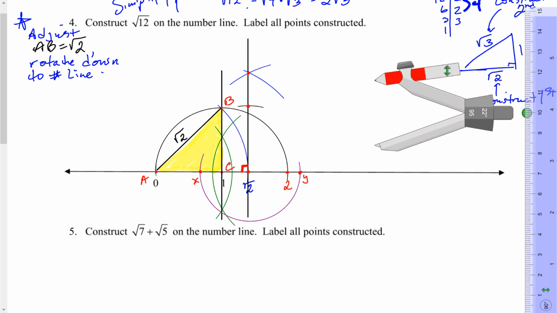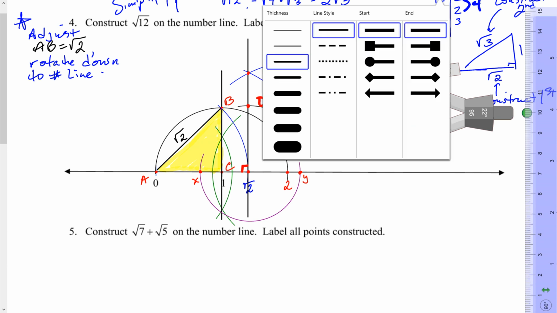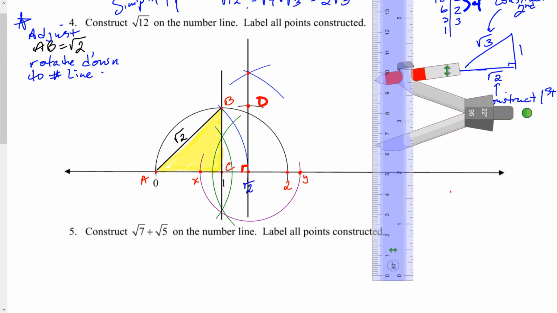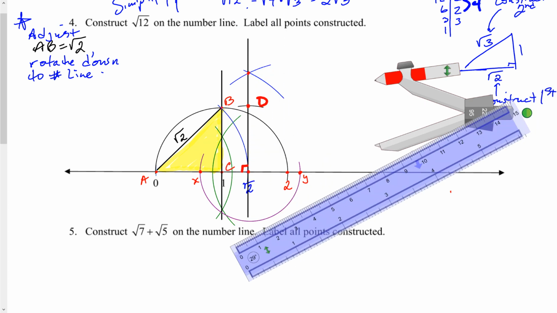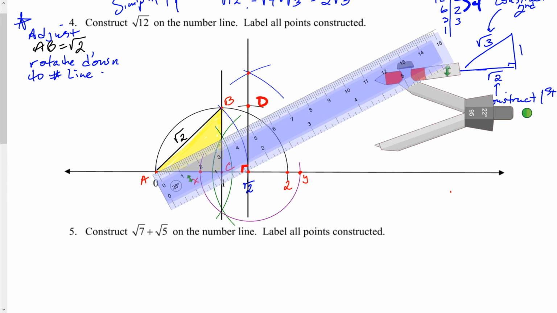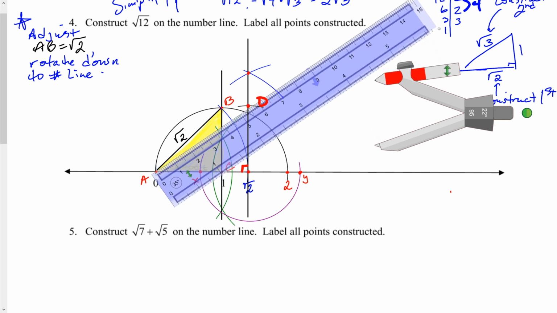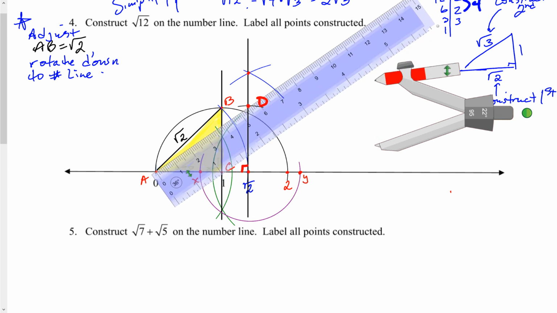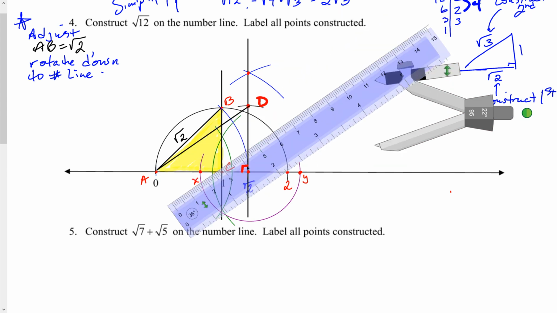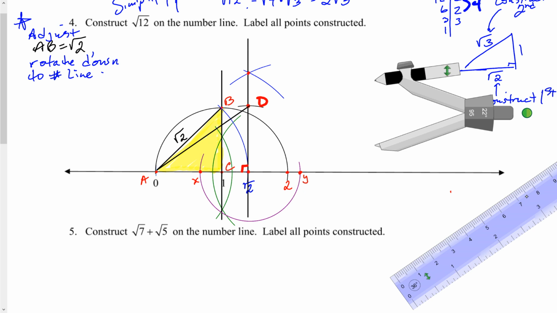Using this point right here, let's call this point D. Now I want to construct that triangle. So get your straight edge again and connect A to D.